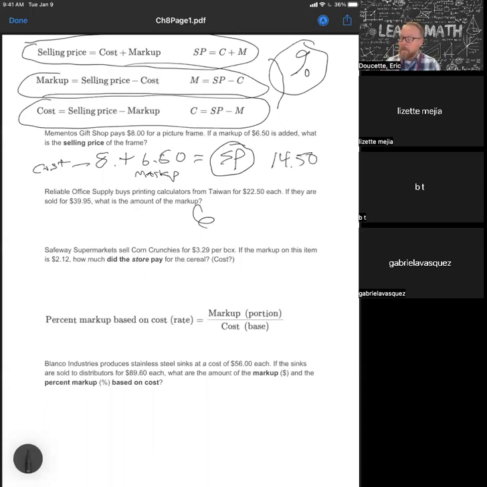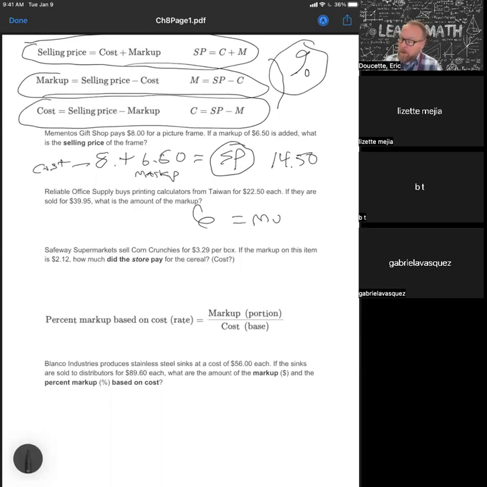And then we could do the same thing on the next problem. Reliable Office Supplies buys printing calculators from Taiwan for $22.50. If they are sold for $49.95, what is the amount of the markup? Well, obviously what they're trying to find is the markup amount.